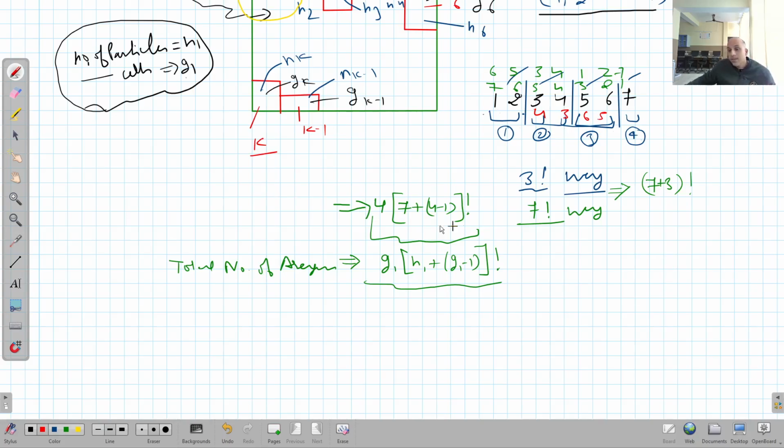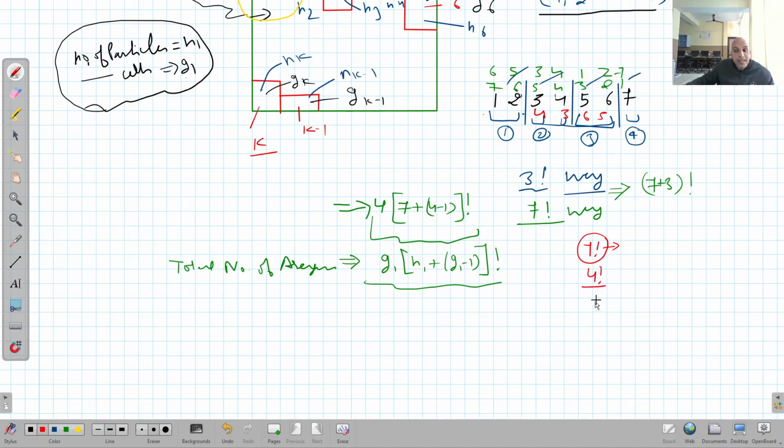It means 7 factorial ways of arranging these particles among themselves are meaningless, because here are 7 particles, so 7 factorial. So all these arrangements are meaningless. Similarly, we have 4 compartments, so arranging these compartments among themselves is again meaningless.